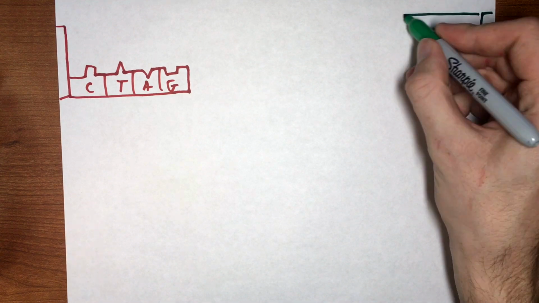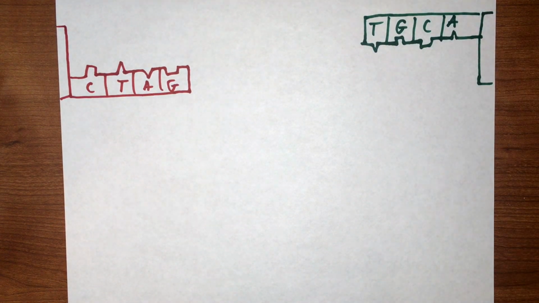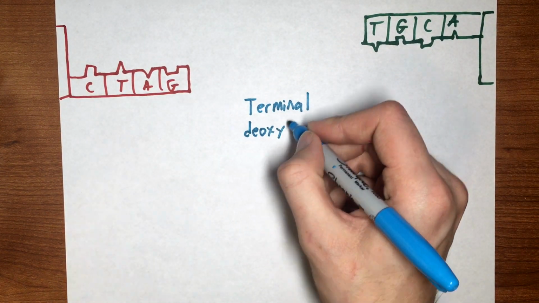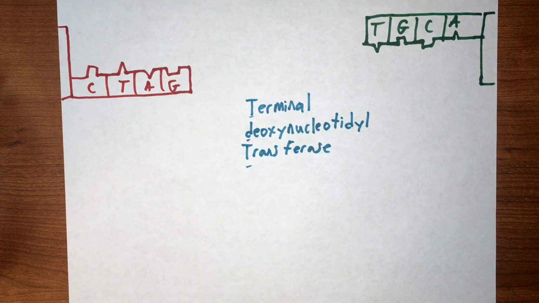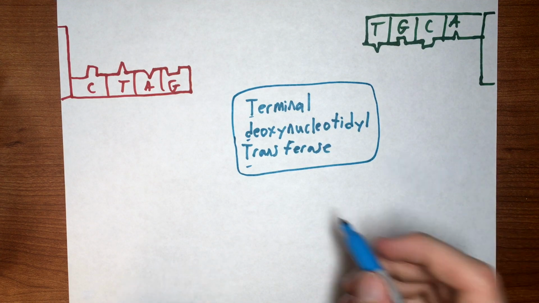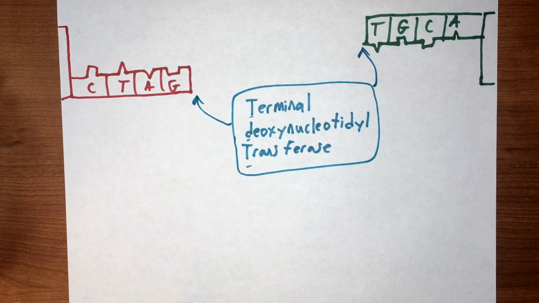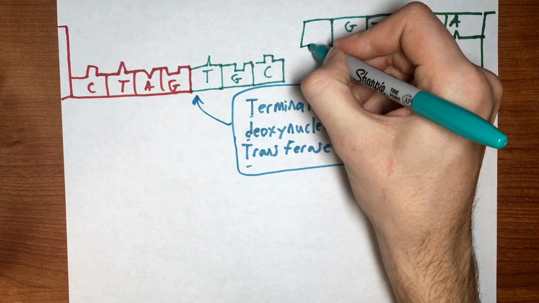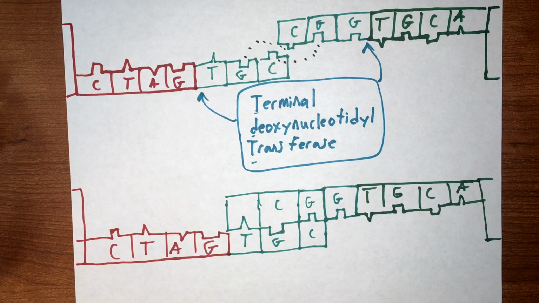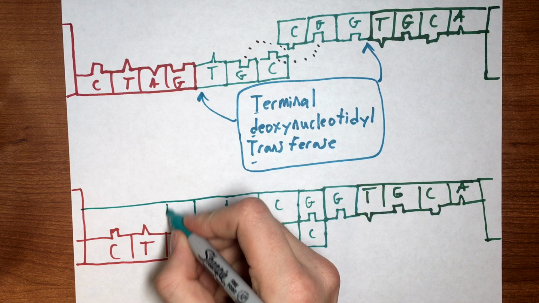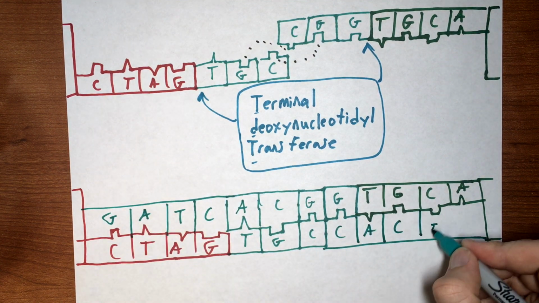However, the segments still need to be actually joined. This is catalyzed by an enzyme called terminal deoxynucleotidyl transferase, or TdT. TdT adds random nucleotides to the ends of each single strand until the two strands can hybridize. DNA synthesis and ligation then fill in the gaps, thereby fully joining the two segments.